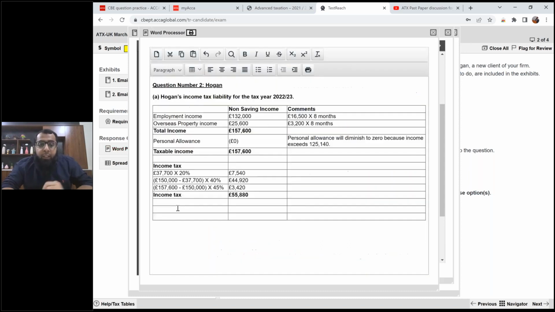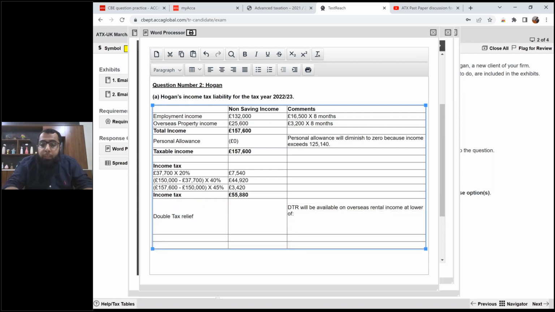So let's calculate the double tax relief. DTR will be available on overseas rental income at the lower of two things. Number one, overseas tax. The amount is 25,600 into 45%.